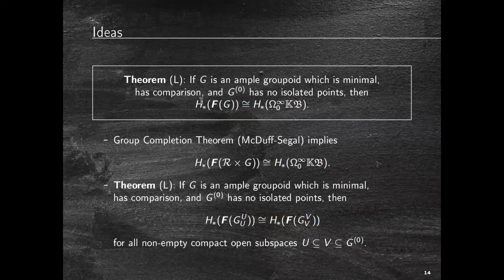I see. Maybe another question. Could you say what fails in the tall groupoids? What fails? What do you mean? To do the same type of calculation. Yeah. The problem is, as we discussed, if you just have an étale groupoid without being ample, then the full group might see very little of the groupoid. But there are examples in foliations where the full group is large.